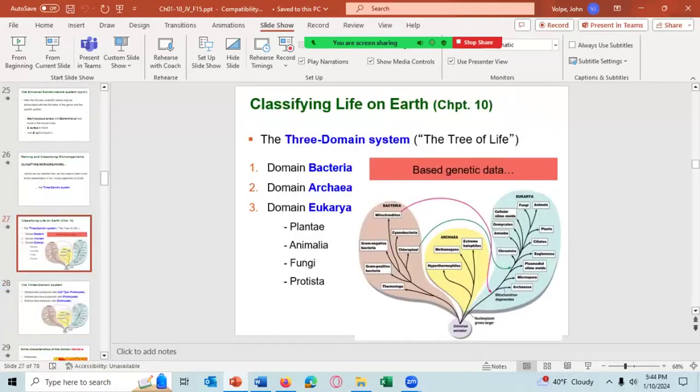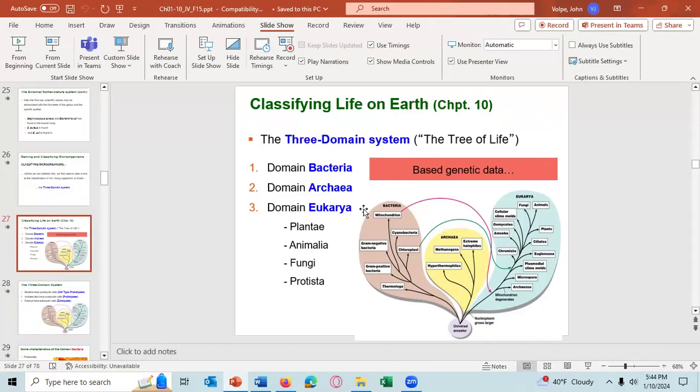We can classify all living organisms into one of three domains: the domain bacteria, the domain archaea, also called the archaebacteria, and then the domain eukarya. These domains are defined by genetic data, meaning we can simply sequence the DNA of a species and then determine which domain the species would fall into.